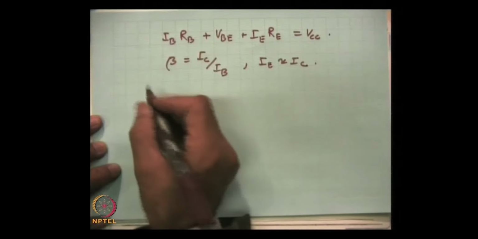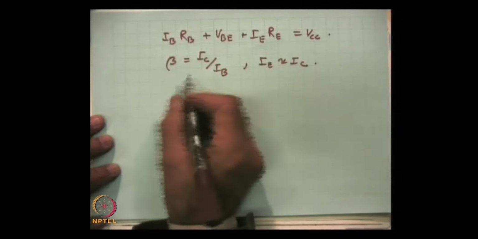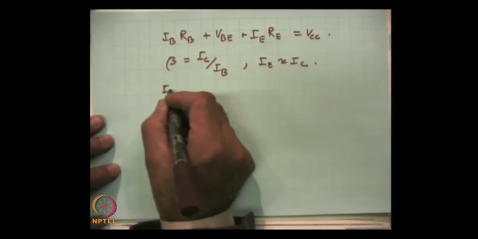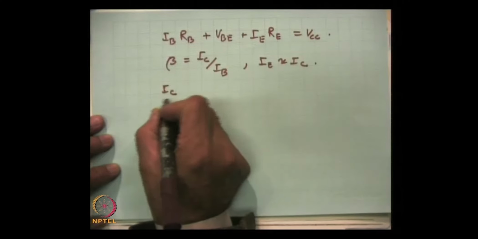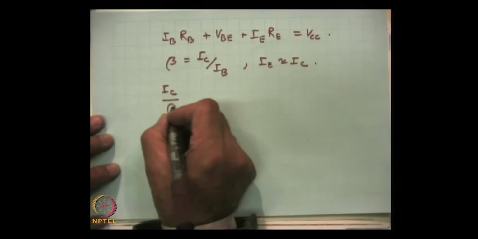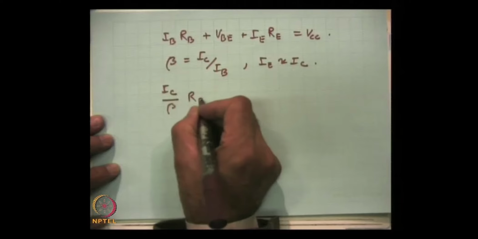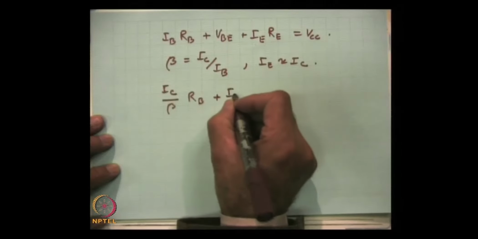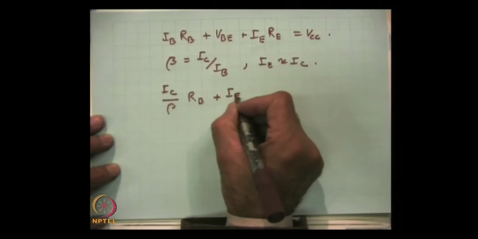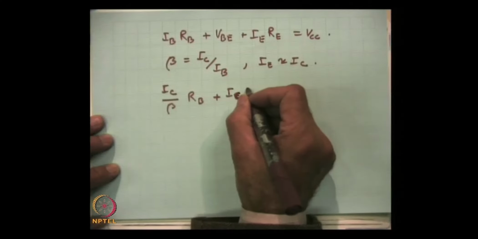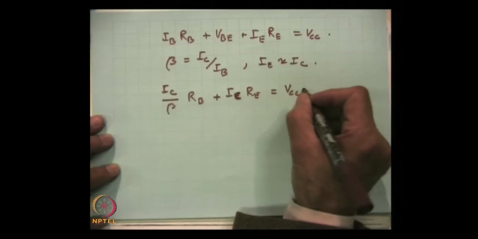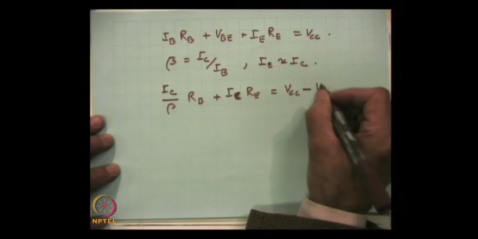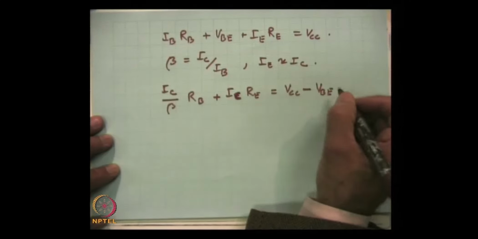Then this equation becomes IC by beta RB plus IE, again IC, because IC and IE are the same, equal to VCC minus VBE.